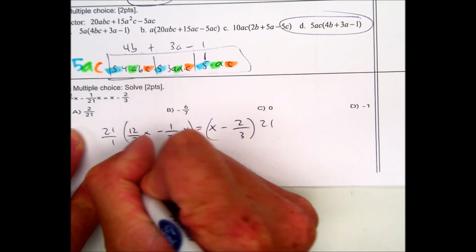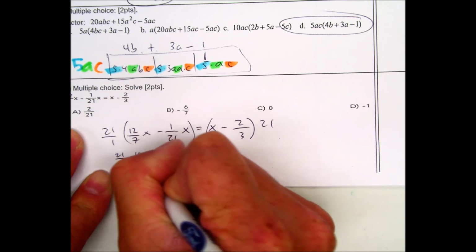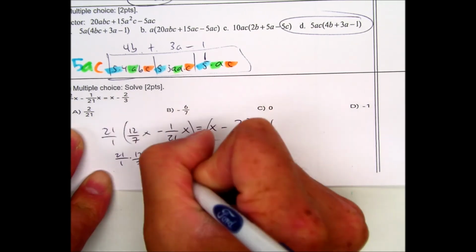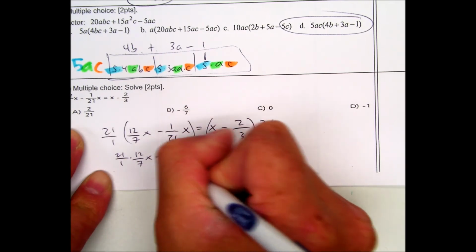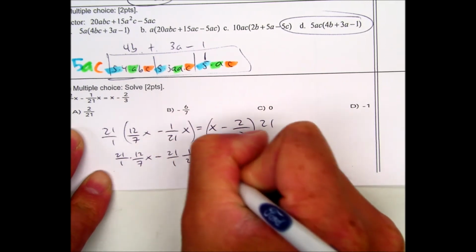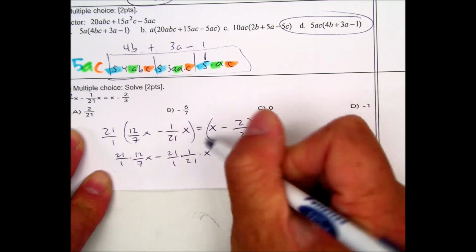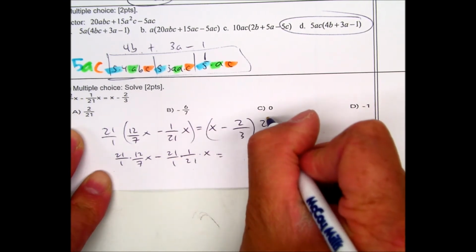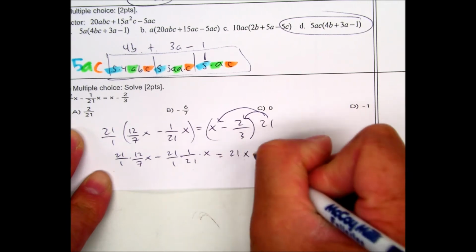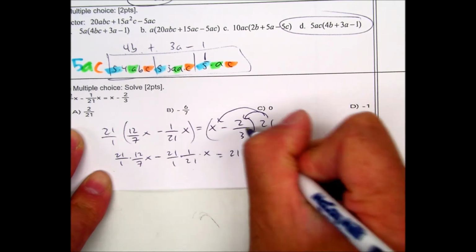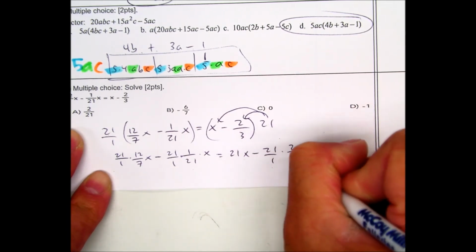you'll have 21 over 1 times 12 over 7x. Multiply there, you're going to get positive times negatives and negatives, so I got 21 over 1 times 1 over 21 times x equals, I'm going to distribute this way, so I have 21x minus 21 over 1 times 2/3.